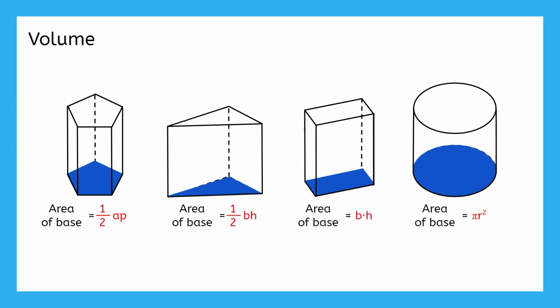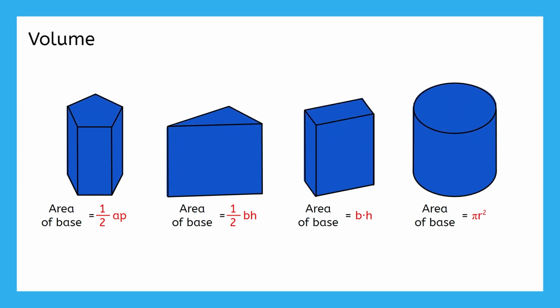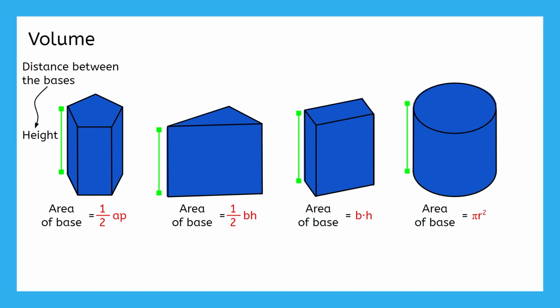Okay, so if we can find the area of these bases, then how do we find the volume of these 3D figures? Or, in other words, how would we fill these up with water? We would take the area of the base and multiply it by the height of the 3D figure. You can also think of this as the distance between the bases, if that helps you to remember it.